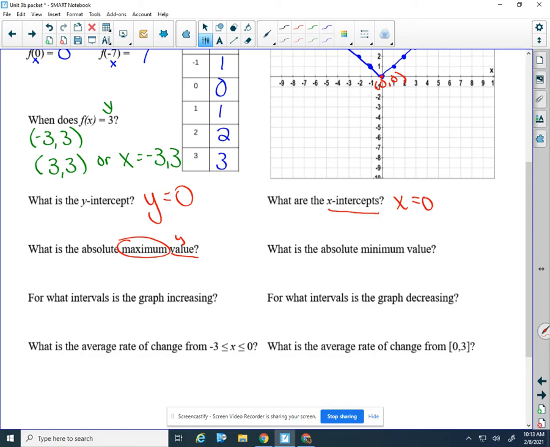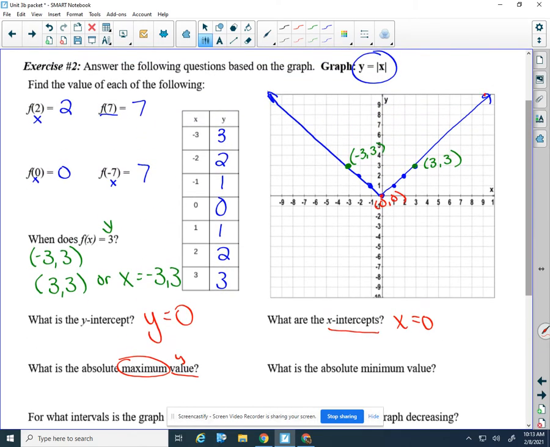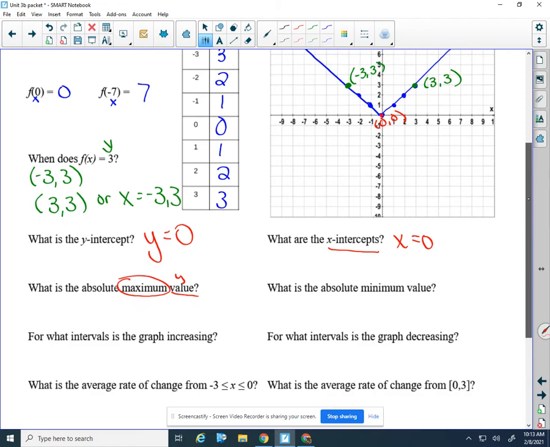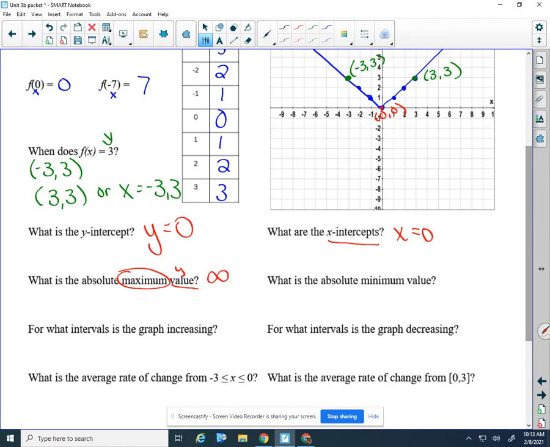We've got arrows. Arrows mean infinity. They go on forever, to infinity and beyond. So we would just say infinity. The very lowest value is right here, this point right here, y equals 0. It doesn't go below that.